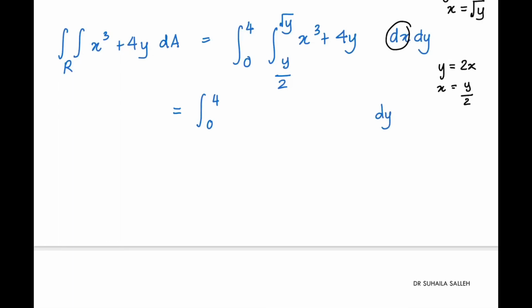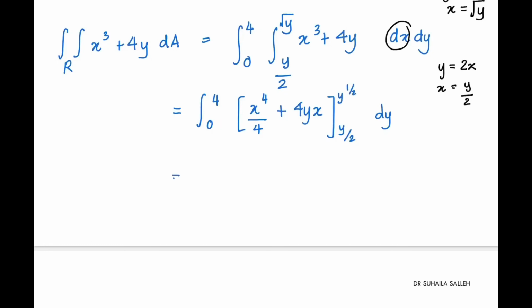So now integrating x cubed with respect to x, x is our independent variable, so that's going to be x to the power of 4 over 4, plus 4y, y is taken as constant here, so write that down again and add 1x. So the limits would be between y over 2, and our upper limit is y to the power of half, I'm changing that, y to the power of half.